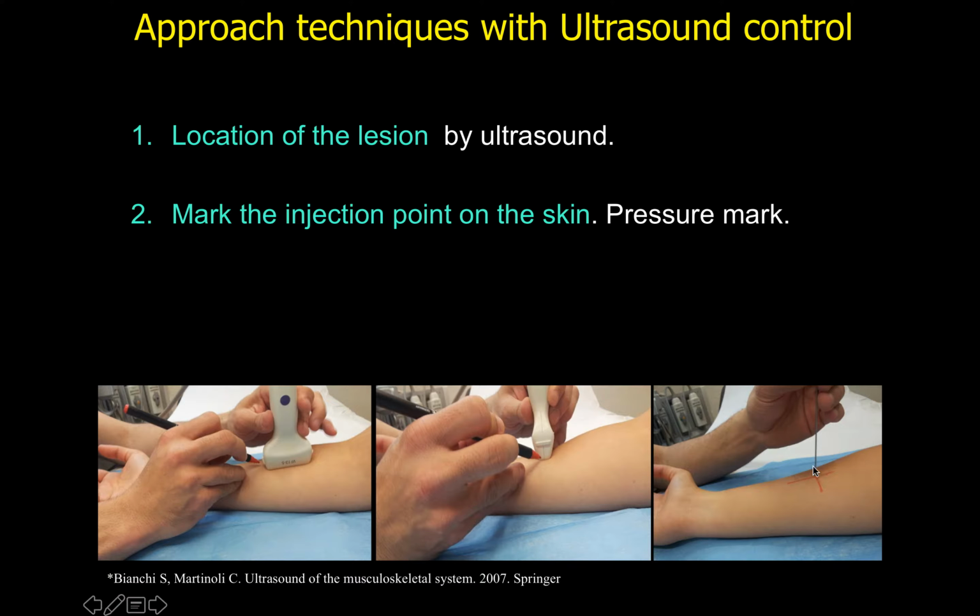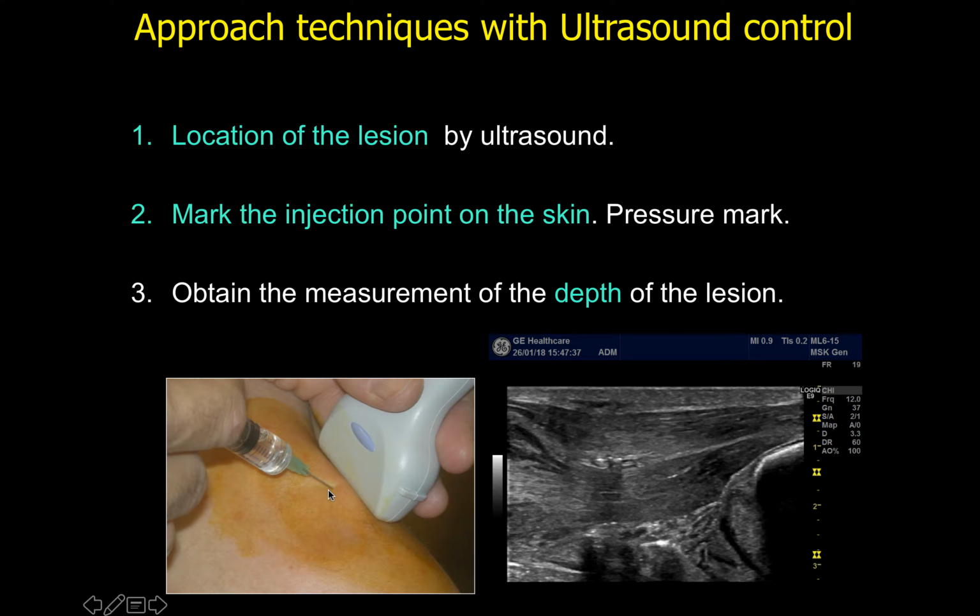As we see here, making infiltration of the AC joint with the marker on the middle of the articulation, going then perpendicular on this entry point.